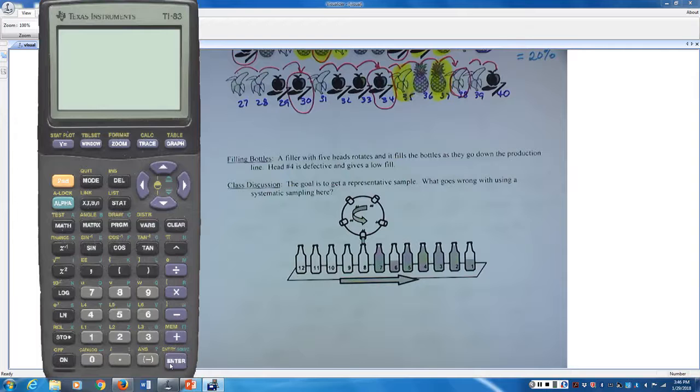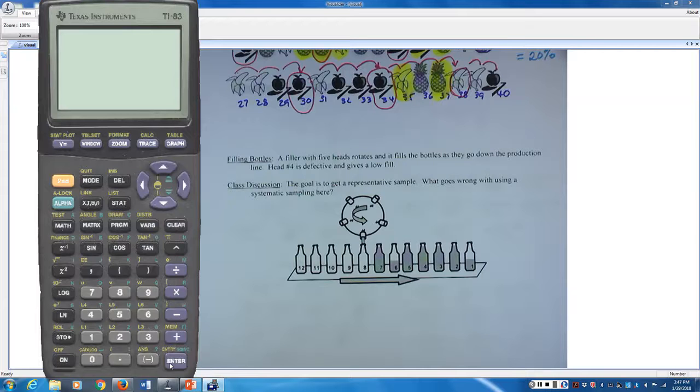All kinds of last names begin with S. How many people do you suppose are in that filing cabinet whose last name begins with a Z? Or an X? Or even a Q? Compared to the S's, or the A's, or the T's. What's going to be wrong with a systematic sample?